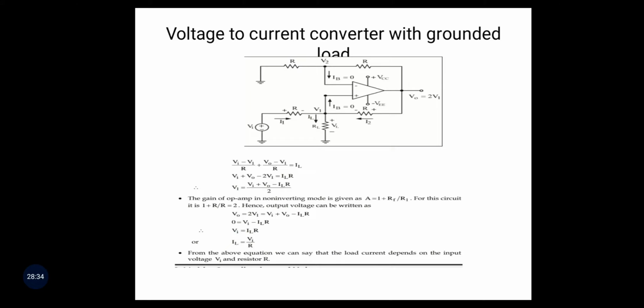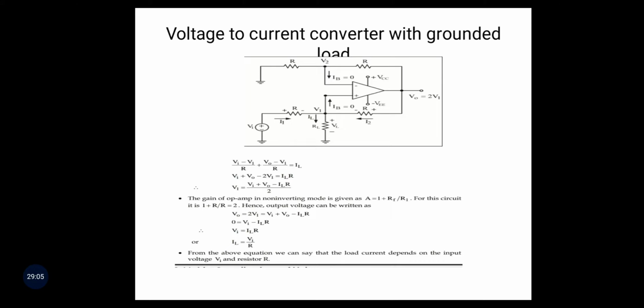Vi plus V0 minus 2V1 equals IL R. Here V1 equals Vi plus V0 minus IL R, divided by 2.